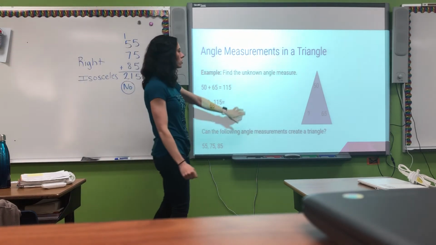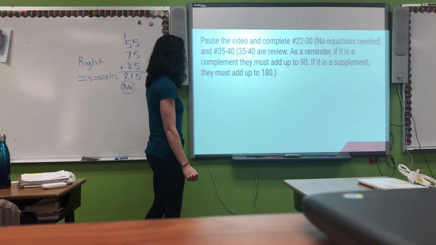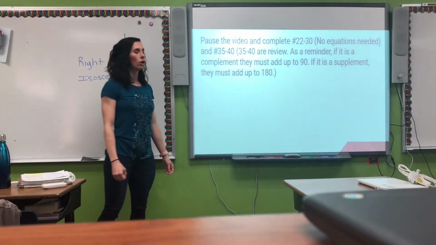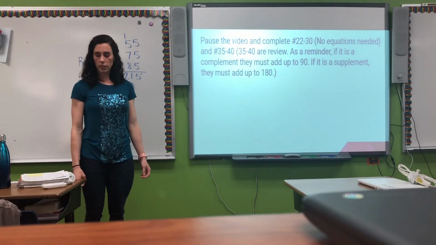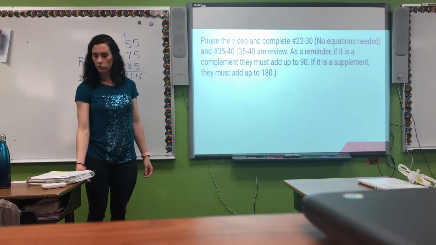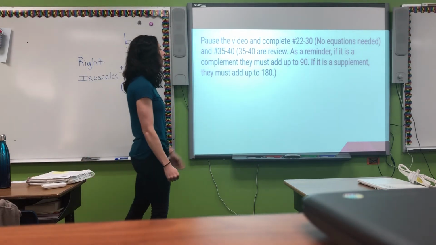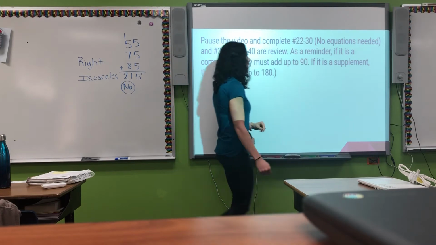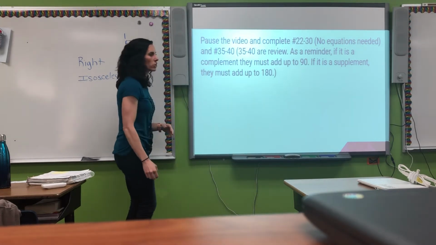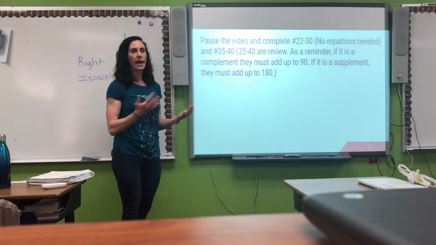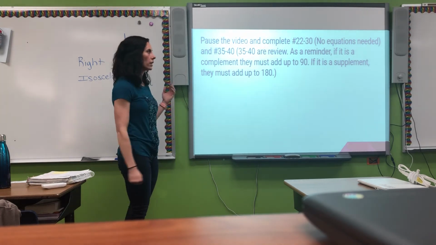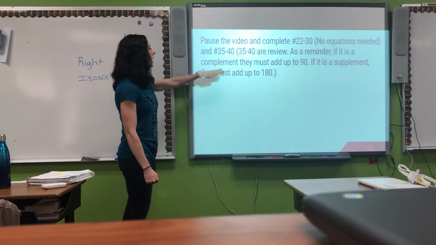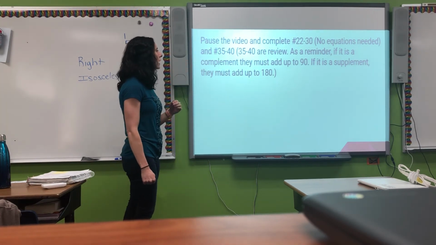So you'll be asked to do that on your homework. I want you to pause the video and complete numbers 22 through 30. These are on page 131. You do not need to write an equation. I just want to know the unknown angle measurement. Essentially, by adding them up and subtracting from 180, you're doing the equation. I also want you to do 35 through 40.